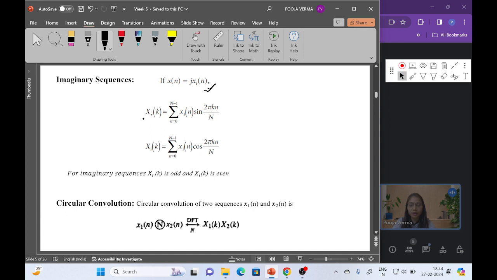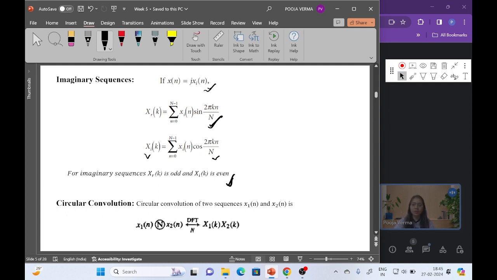So the real part will be summation of n equals 0 to N minus 1 x I of n sine 2 pi kn divided by N, and the imaginary part X I of k is summation of n equals 0 to N minus 1 x I of n cos 2 pi kn divided by N. For imaginary sequences, X R of k, the real part, is odd, and X I of k, the imaginary part, is even.